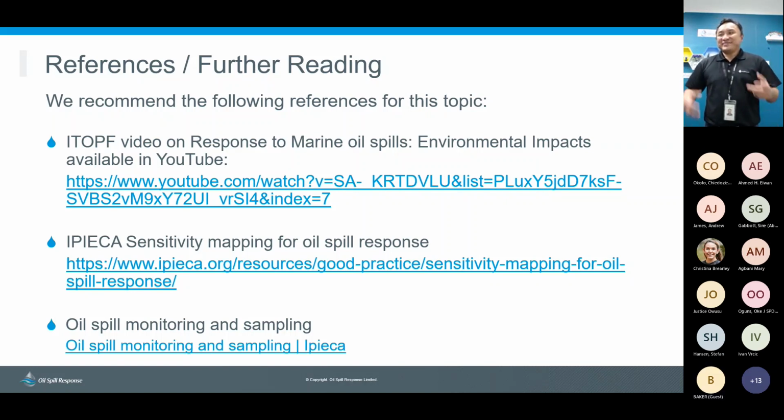Because of that resiliency, the pruning and the monitoring were enough, and the mangrove regenerated properly. But as I mentioned, different countries have different species as well. So definitely we have to do post-spill monitoring to really look into it and understand what's happening.